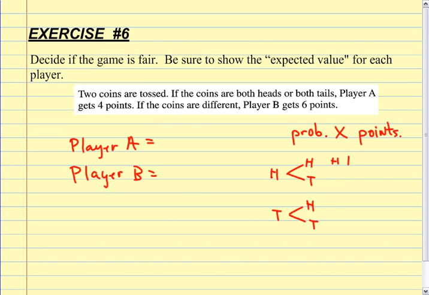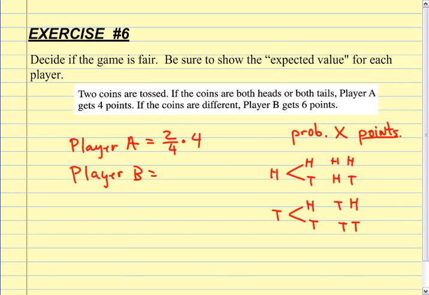How many of them are both heads or both tails, Sarah? 2. So the probability is 2 out of 4. And I multiply that by the points. How many points does player A get if that happens, Sarah Kay? 4 points. That's how I find the expected value.